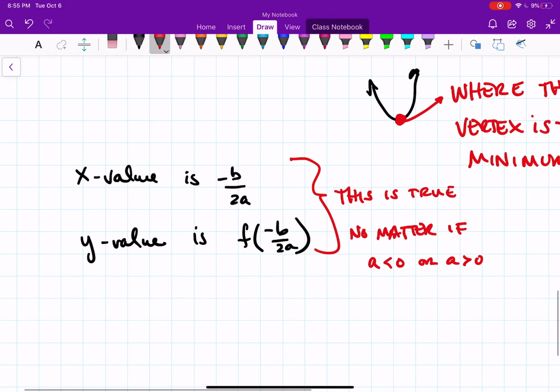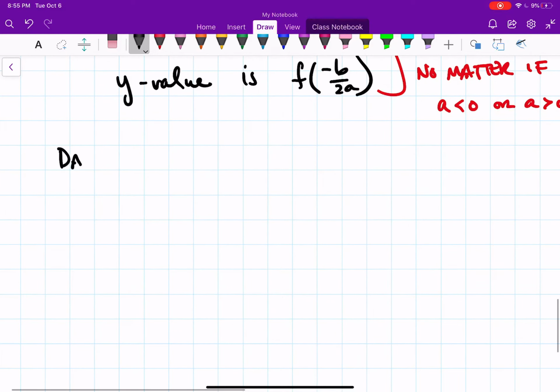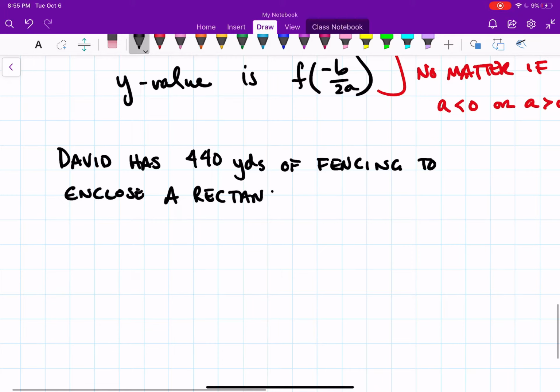All right, so let's do an example for maximizing. Okay, so for maximizing, I'm going to have to write this problem out. All right, so David has 440 yards of fencing to enclose a rectangular area. Okay?